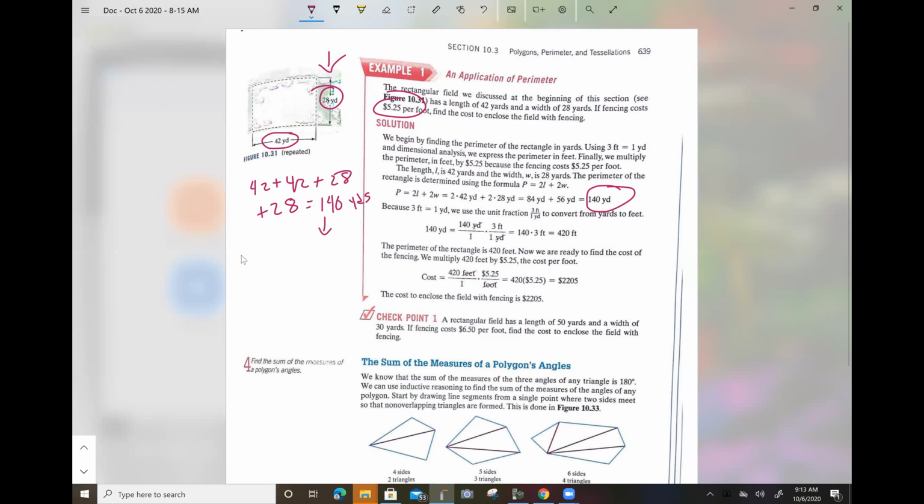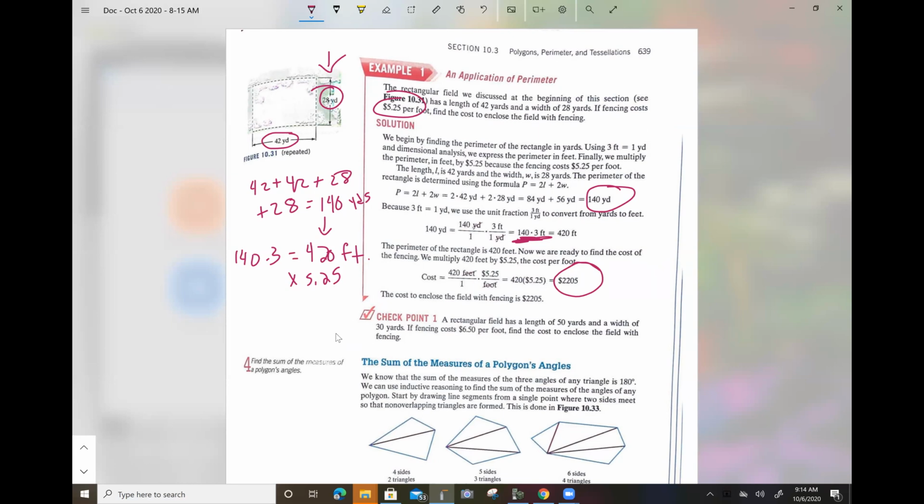So I'm going to multiply 140 times 3. And this is what they're doing right here, which is 420 feet. And then you need to multiply that by 5.25 because that's how much it costs per foot. And your total is $2,205. That's expensive. And that's probably not even including having people come out and install it for you.